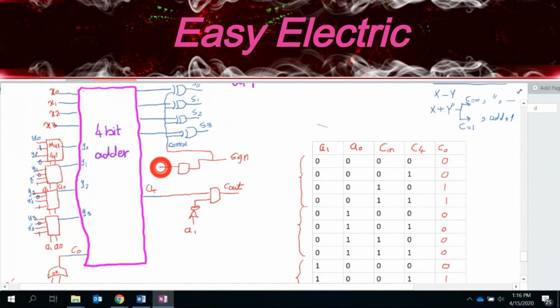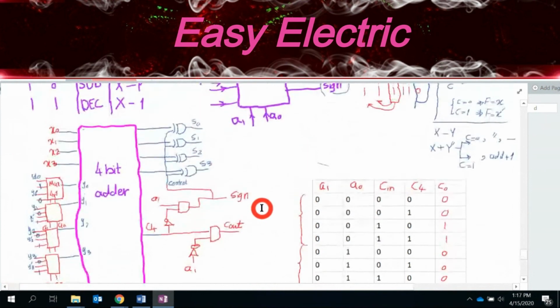So it should be A1 and C4 prime, so you add one inverter here. So A1 C4 prime is sign and also is the C control.